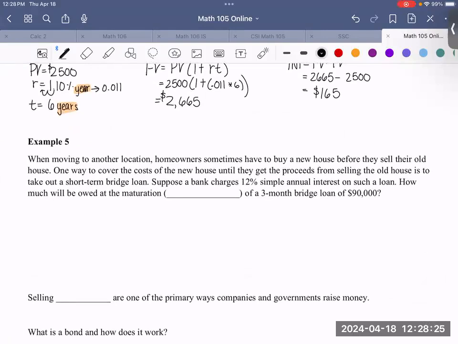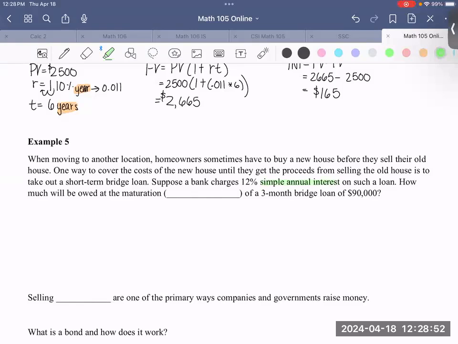So again, pause the video here. It says when moving to another location, homeowners sometimes have to buy a new home before they sell their old house. One way to cover the cost of a new house until they get the proceeds from selling the old house is to take out a short-term bridge loan. Suppose the bank charges 12% simple annual interest on such a loan.